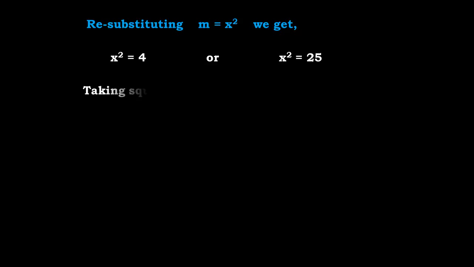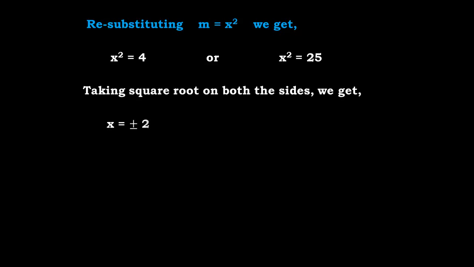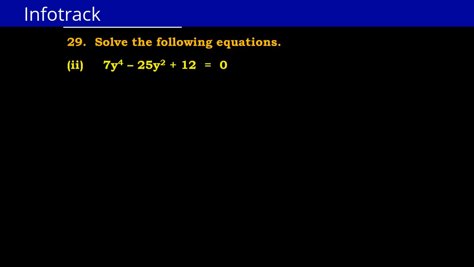Therefore x is equals to plus or minus 2, taking square root on both the sides, and x is equals to plus or minus 5. So we have answer x is equals to plus or minus 2 or x is equals to plus or minus 5. Solve the following equations.